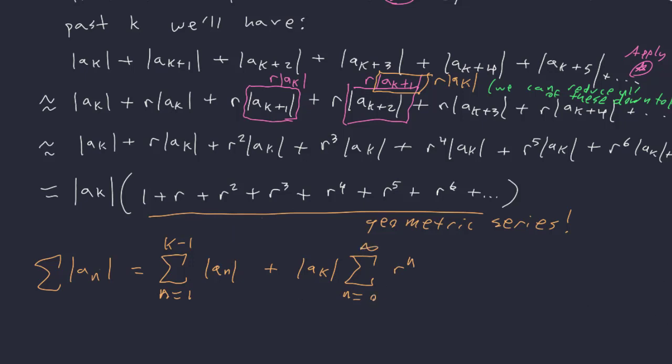So I have this finite piece, and that's approximately, I guess I should really make this an approximately equal to.